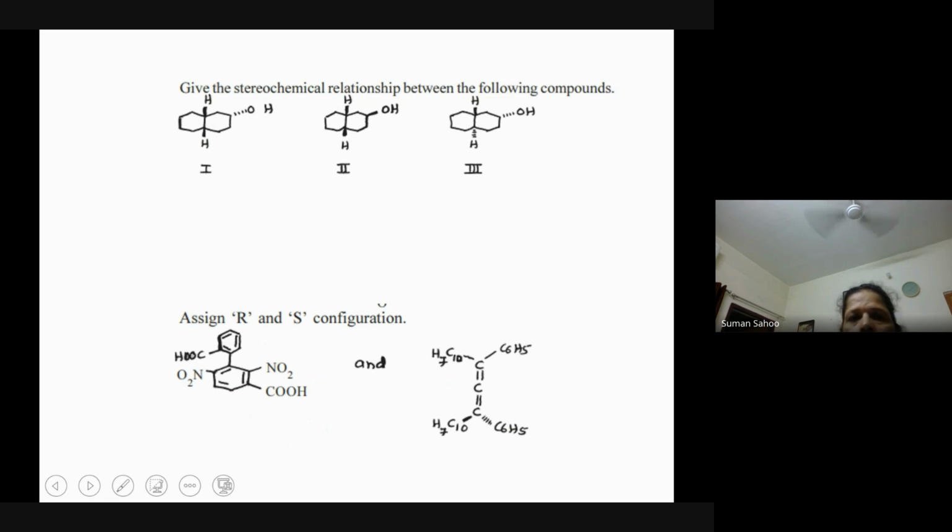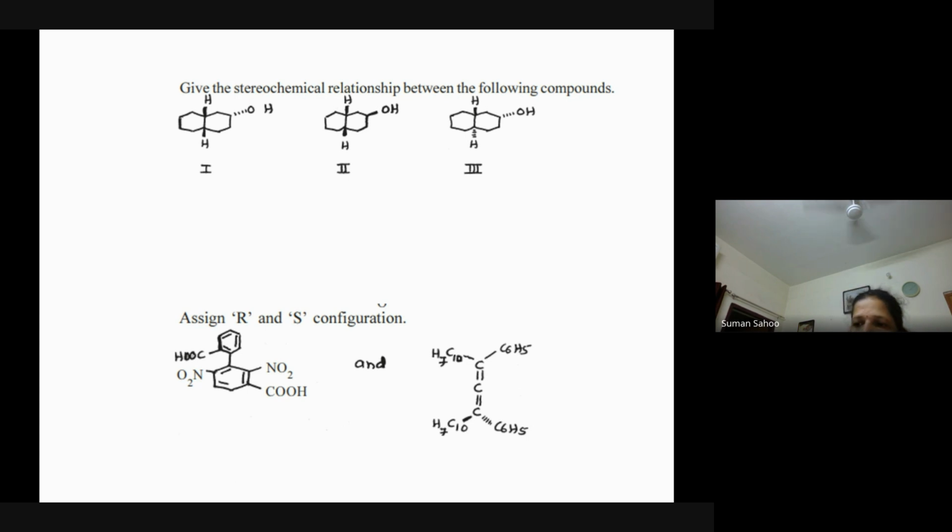Next, give the stereochemical relationship between the compounds; you can get this type of question also. Assign R and S configuration, assign E and Z, or the stereochemical relationship between the following compounds. Any doubt? You can get different questions from the internet if you search.